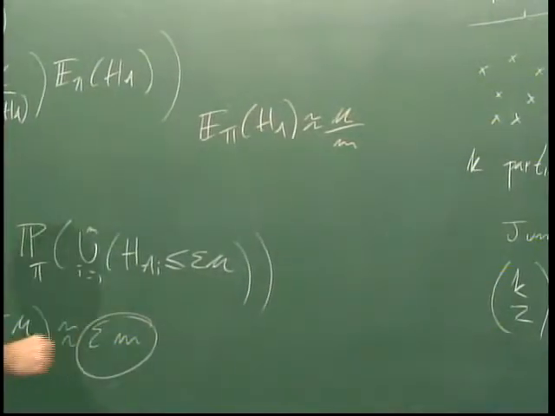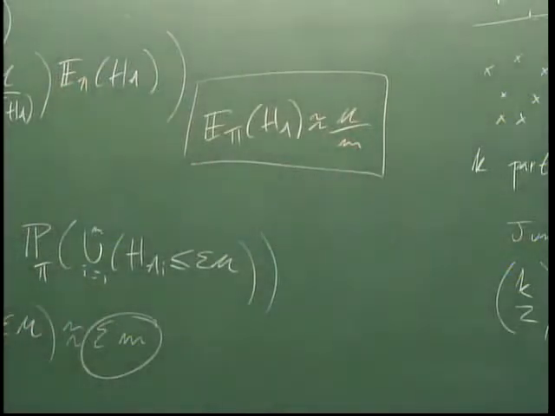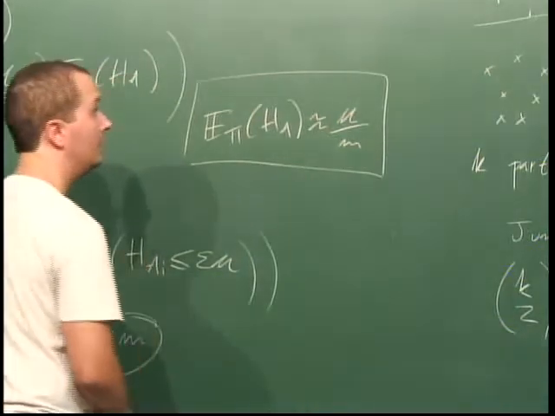So, of course I'm being very informal here, but everything hinges on one such calculation. And what do you need to do to prove this? Well, I already said it. You need to prove that correlations are small.